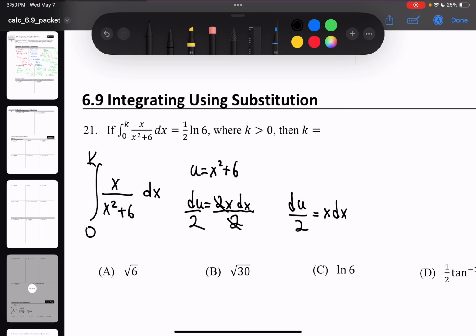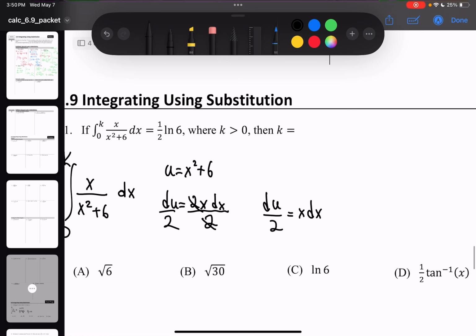And now I continue with my substitution process. Instead of x dx, it's going to be du over 2. And instead of x squared plus 6, it's going to be u. The 2 can go out as 1 over 2, and then inside I'm going to have du over u. Remember that this integration is from 0 to k.